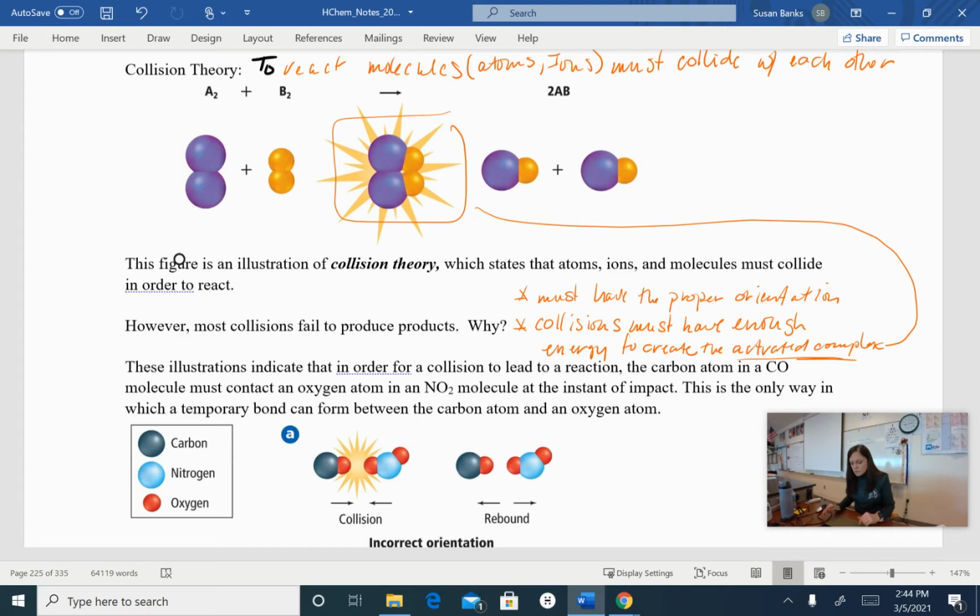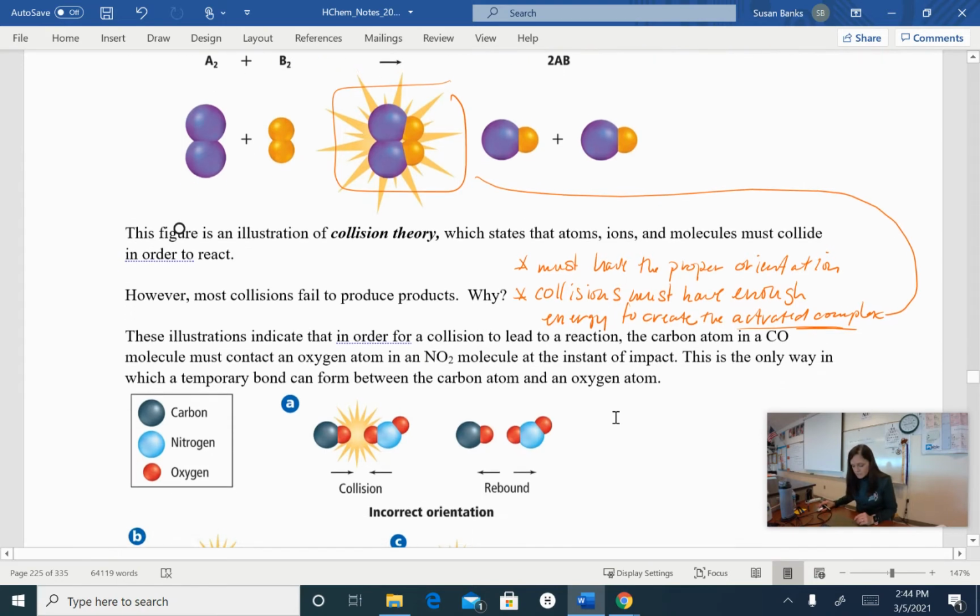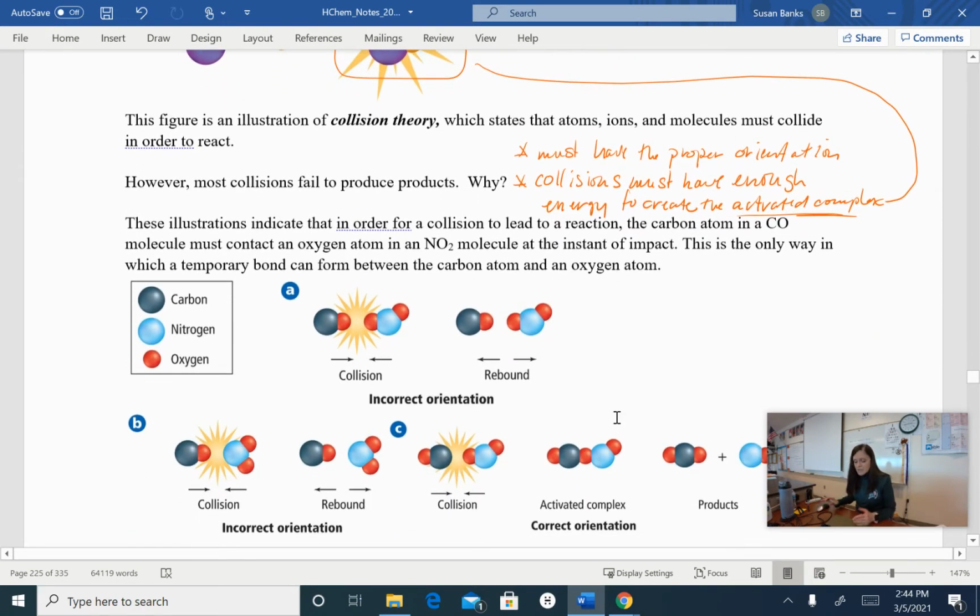Okay, so let's look at some more illustrations. These illustrations down here indicate that in order for a collision to lead to reaction, the carbon atom in the carbon monoxide molecule must actually contact an oxygen atom in the NO2 molecule to make carbon dioxide. That's the only way in which a temporary bond can form between the carbon atom and the oxygen atom.